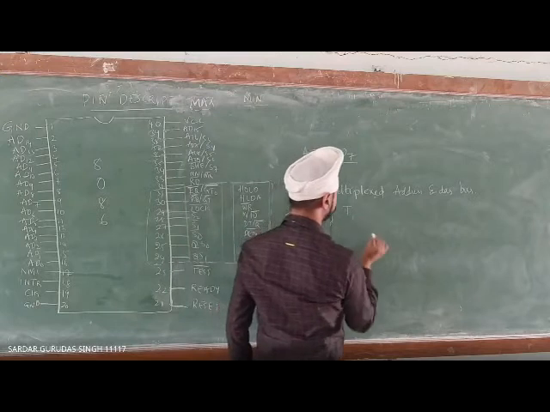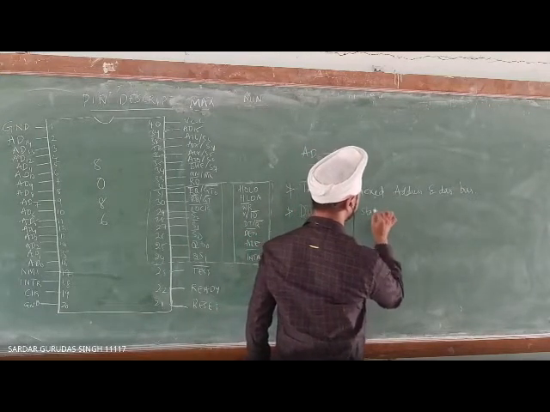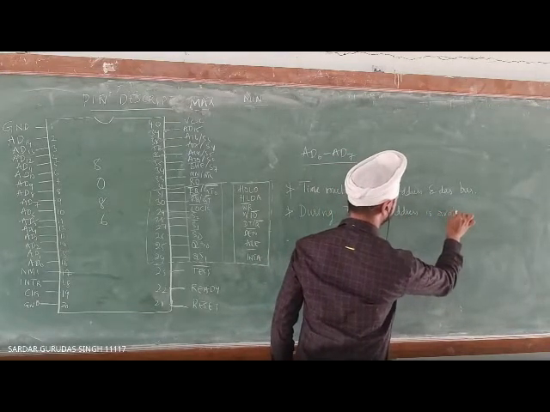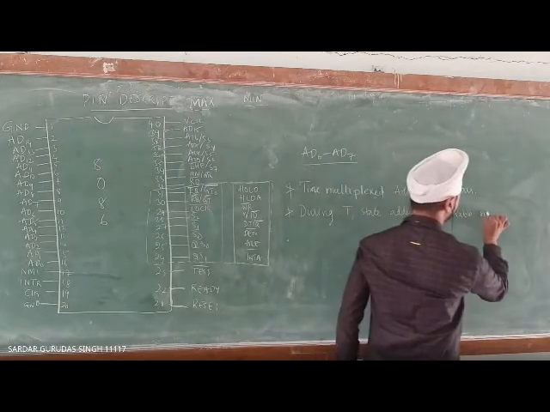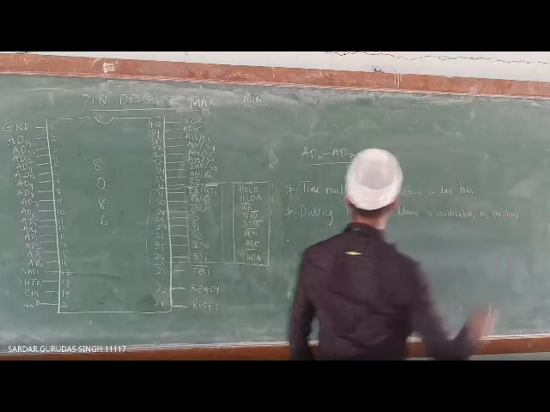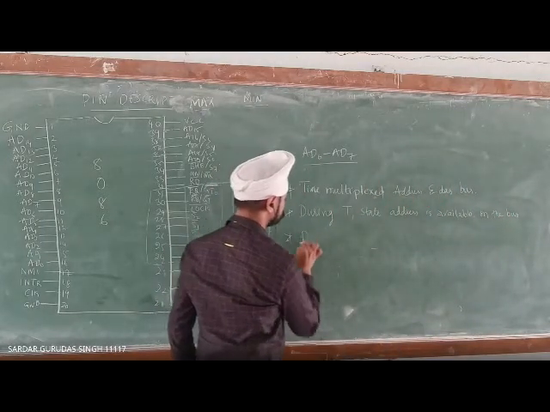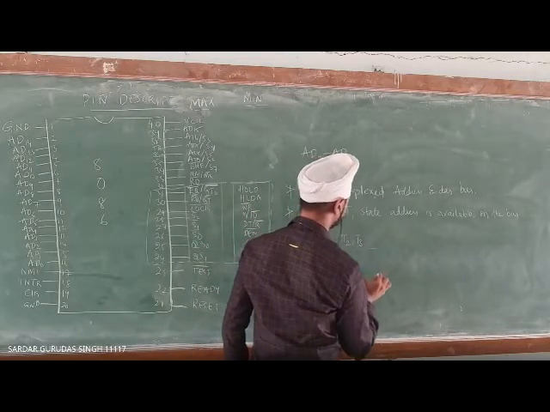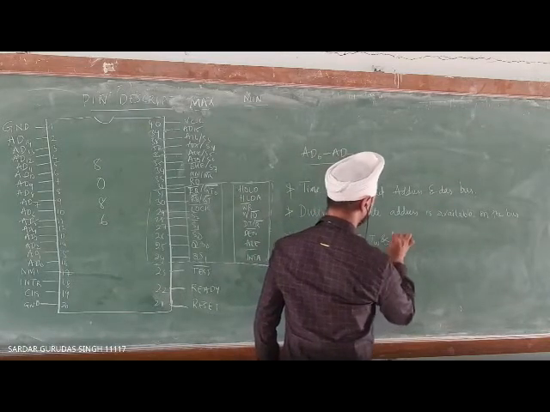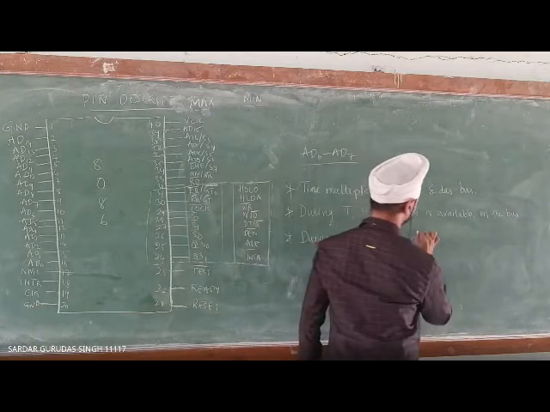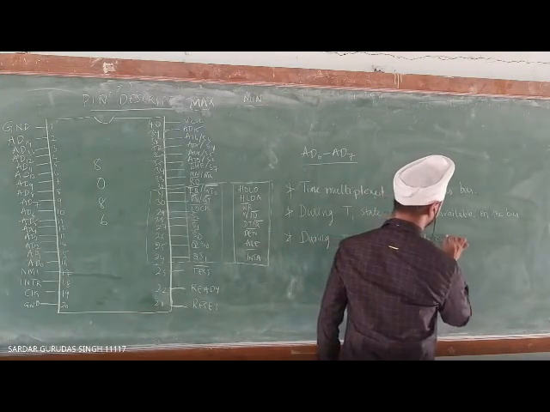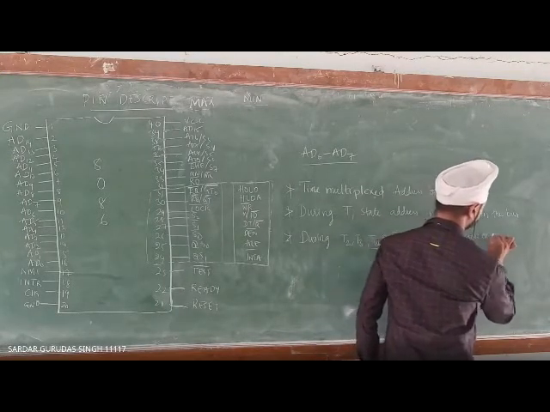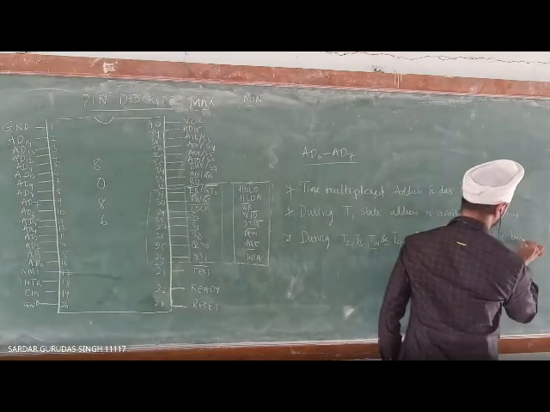During T1 state, address is available on the bus, and during T2, T3, TW, and T4, data is available on the bus.